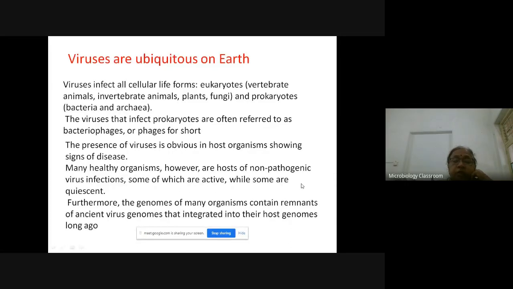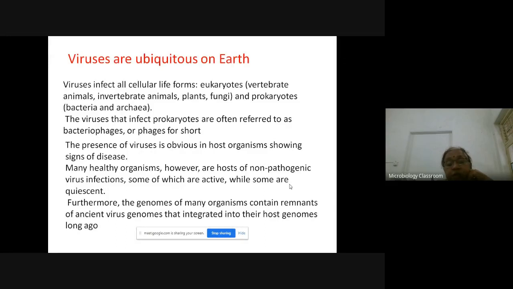Further, the genomes of many organisms contain remnant ancient virus genomes that had integrated into the host genomes long ago. So viruses are found to persist in the genomes of the cells of many organisms, where they have been integrated within the host genomes.